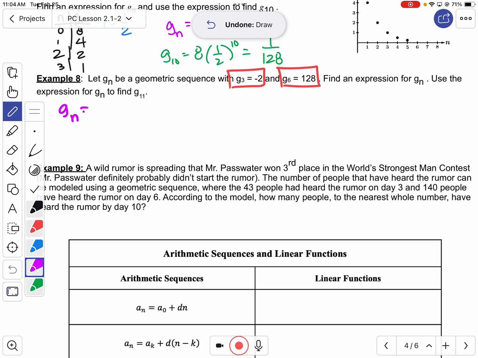G sub n would equal, if I start with my G sub 3 term, it is -2, R I don't know, but what's my exponent going to be? N minus 3, because I started with the 3rd term.